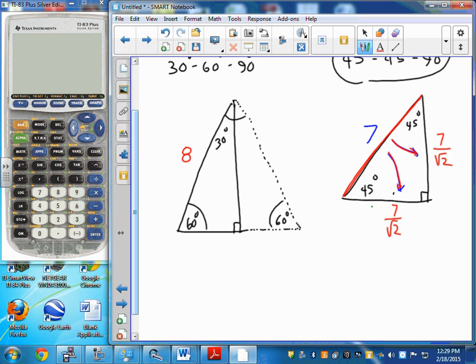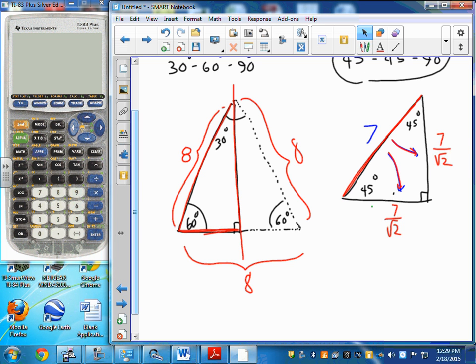And then if I cut the equilateral triangle right in half, that helps you figure out this particular leg. Okay, so I gave you the hypotenuse was 8. This leg has got to be half of 8, right? If this were an equilateral triangle, this would be 8, this would be 8, and this would be 8. So the short leg here is always going to be half as much, 4. So 8 to 4. Okay?